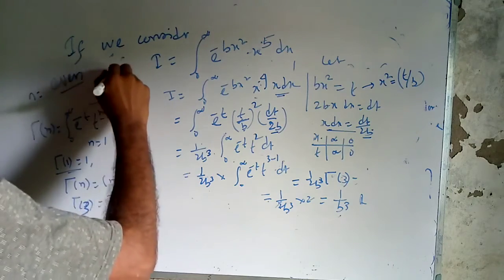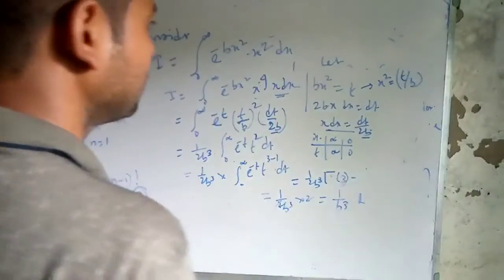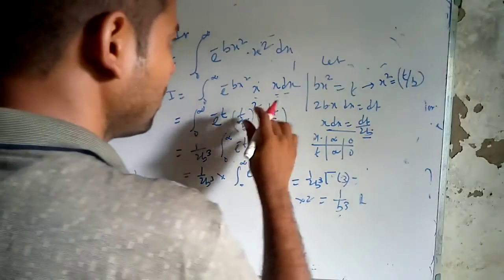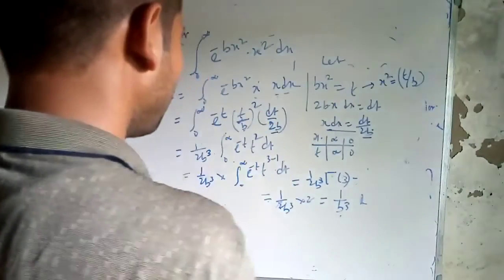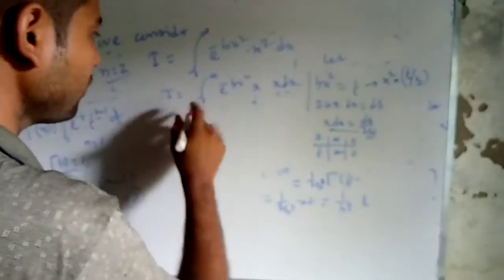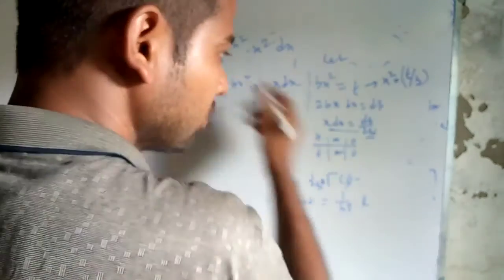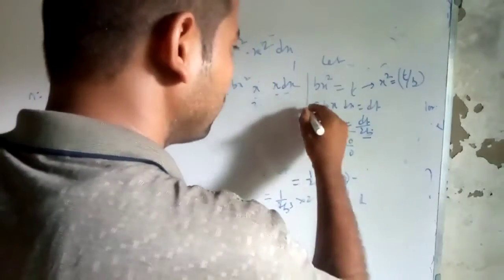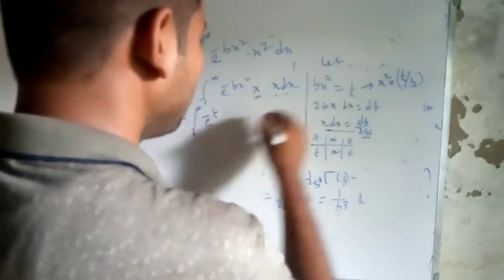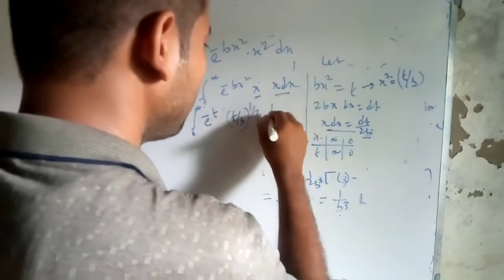This is n equal to 2, hence it can be x square, and this can be x into dx written, and hence the exact value of x changes here. It will be changed here: integral 0 to infinity e to the minus t. The same for the input value, e to the minus t, and x is equal to t by b, this is half into x into dx, dt by 2b.